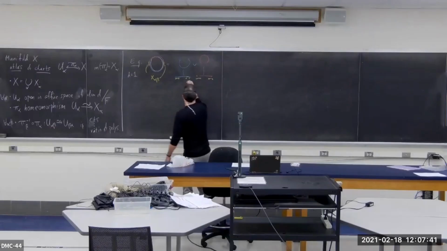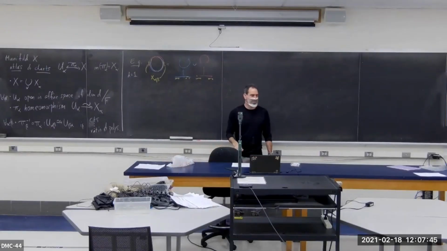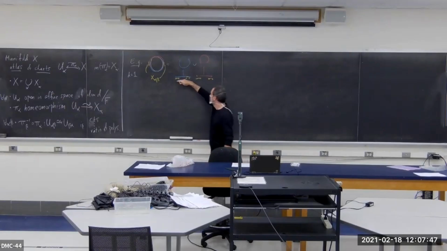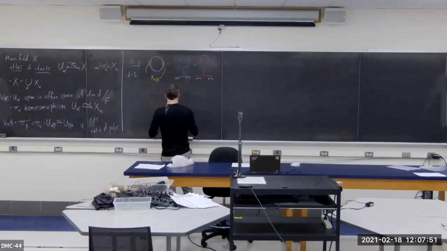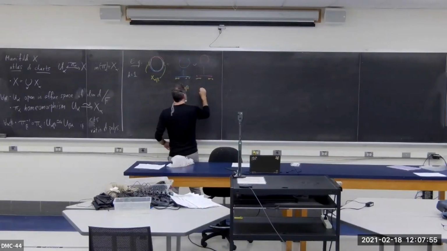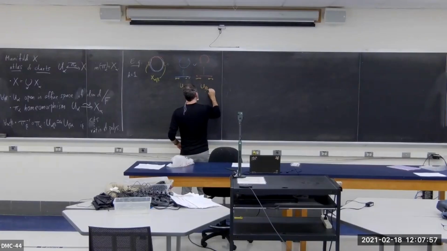And the point is that this is the map that goes from, okay, now what is the map that does this? How do you take this one? So this is U alpha beta here, and this is U beta alpha.